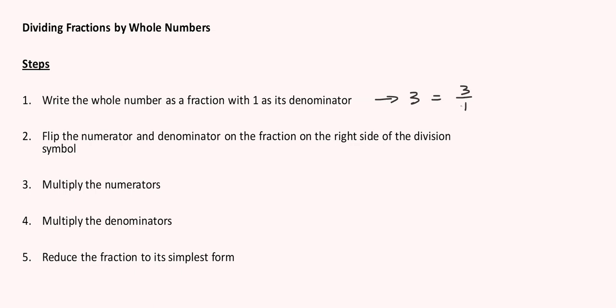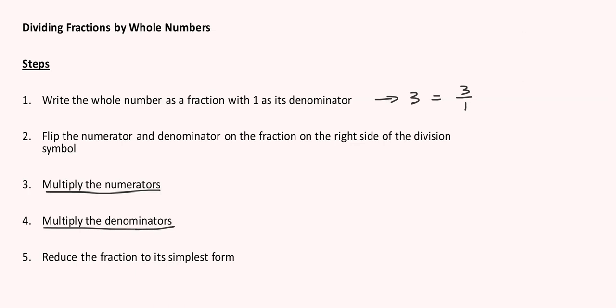So 1 has to be the denominator. Now we're going to flip the numerator and the denominator of the fraction on the right side of the division symbol. We're going to multiply across the numerators, multiply across the denominators, and then simplify the result.